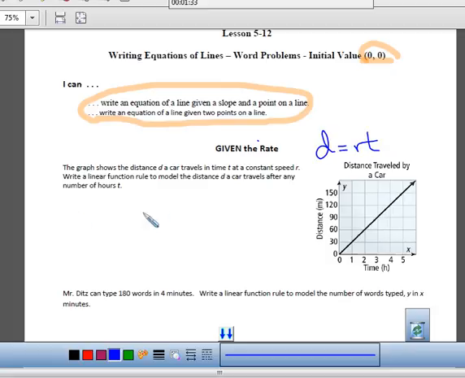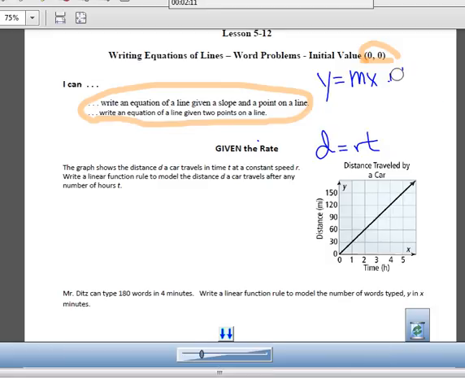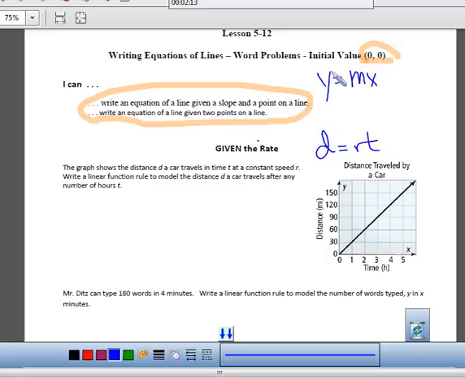Now, if we think of the equations that we've been doing throughout this unit, they look like this: y equals mx plus b. If I were to erase or cover up the plus b, my equation y equals mx looks a little like d equals rt, only with different letters.